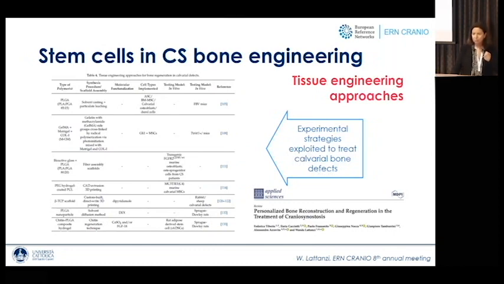Talking about how to use stem cells for therapies, there are a lot of experimental strategies that have been exploited in experimental therapies for tissue engineering, for treating calvarial defects in skulls, both in humans and in in vivo models.